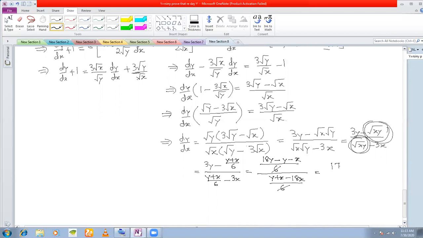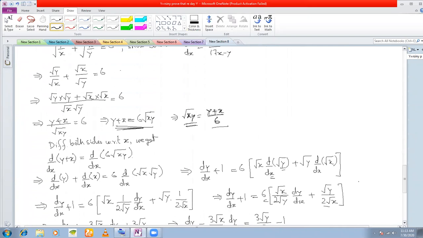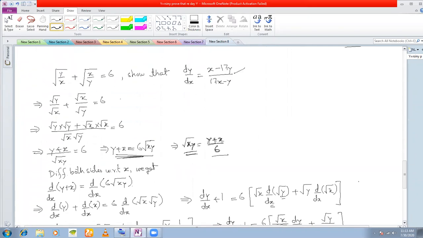We'll get 17y minus x divided by x minus 18x is minus 17x. So y minus 17x. Have we got this? Yes, x minus 17y.